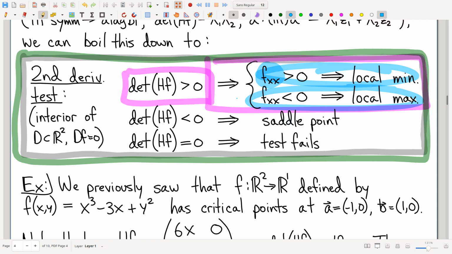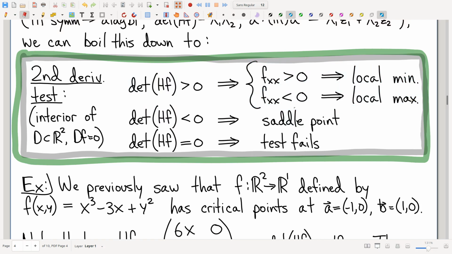So that's kind of familiar, but that only applies if the determinant is positive. If the determinant is negative, you get a totally different story. If the determinant's negative, it is a saddle point. What kind of saddle? Who knows? But it's a saddle point of some sort.